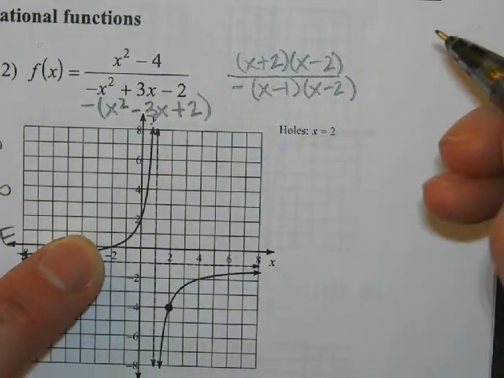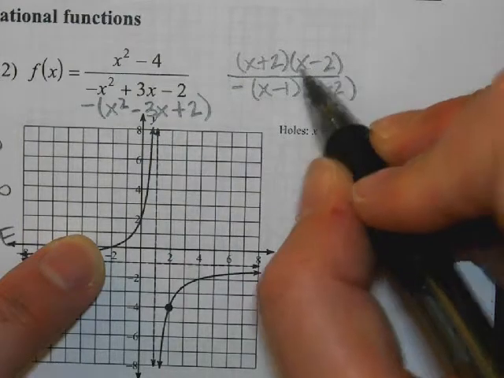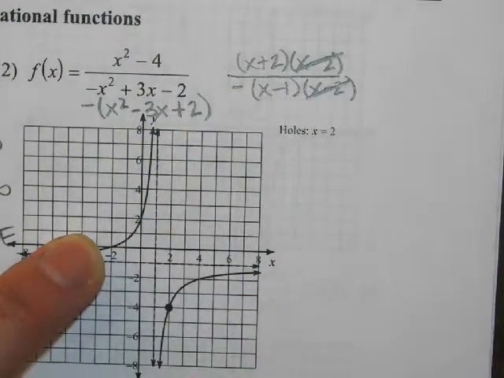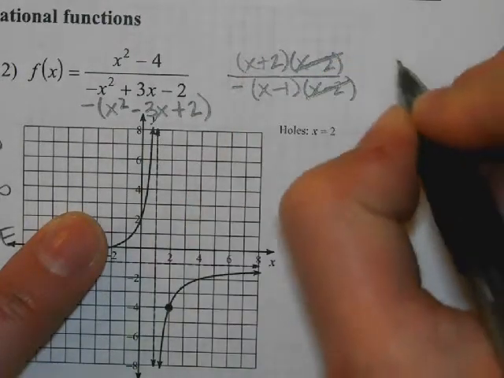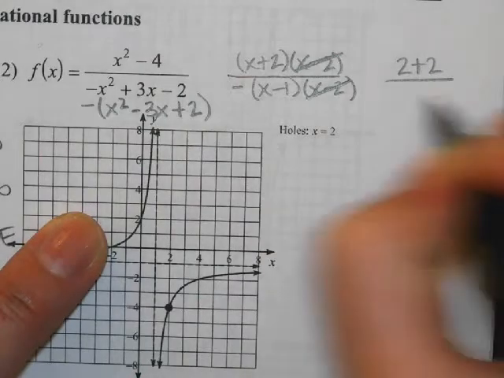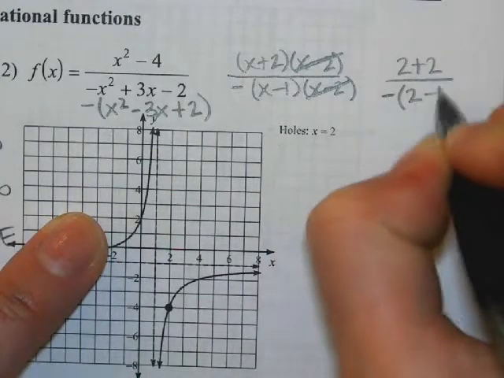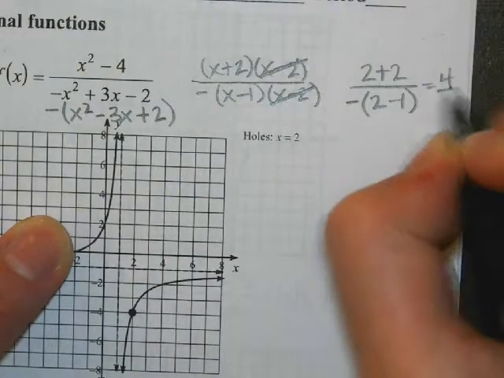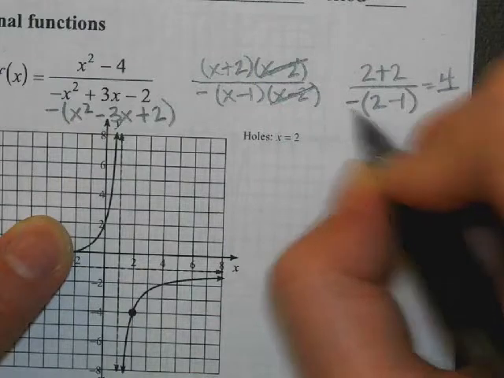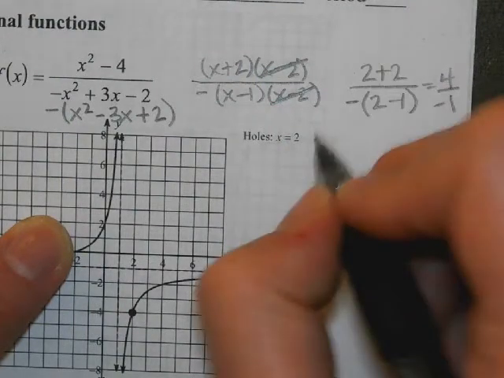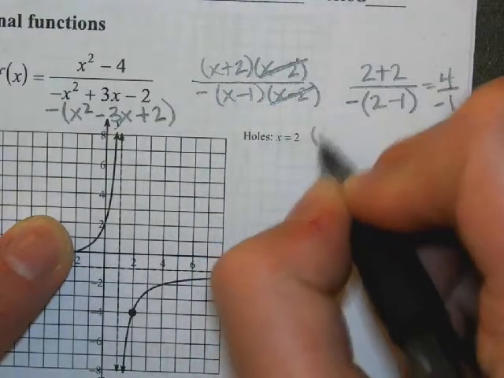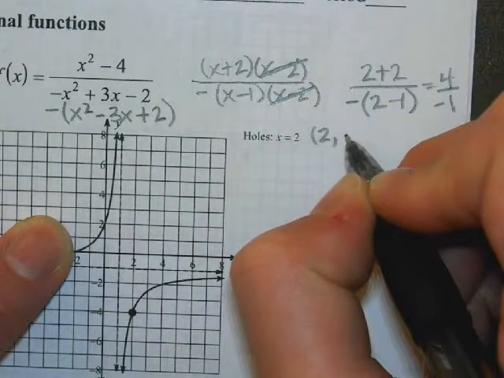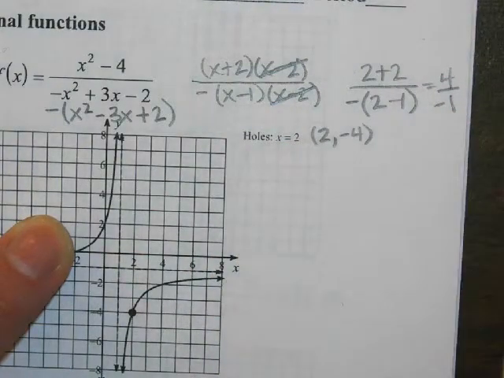And you can see from the factors that cancel out that it does confirm that you have a hole at 2. And how do we find the y coordinate of the hole? Plug in the x. So we're going to do 2 plus 2 over negative of 2 minus 1. 4 on top. Negative 1 on bottom. So the hole is the point 2, negative 4. Okay.